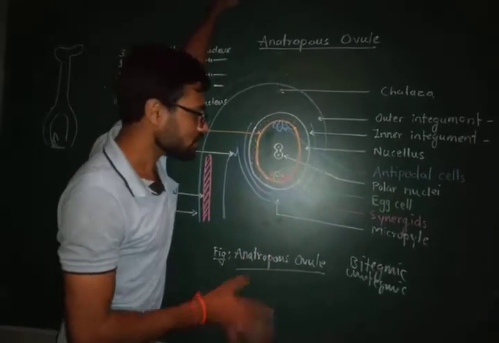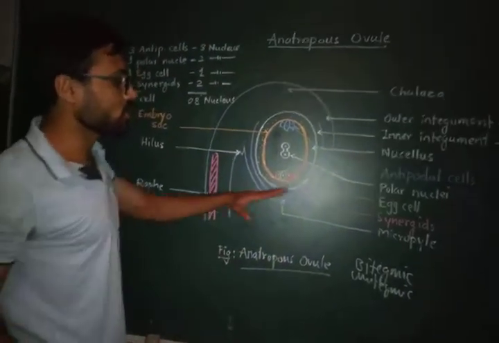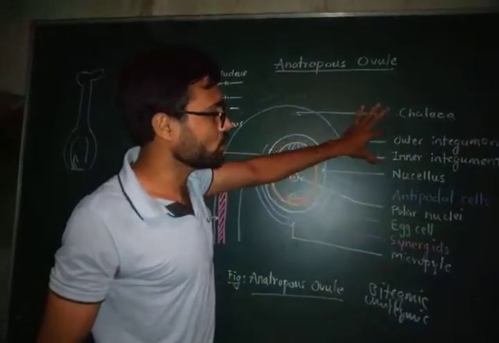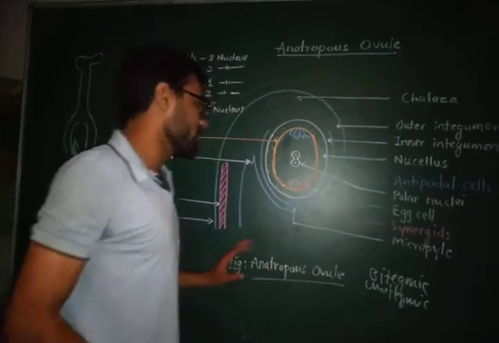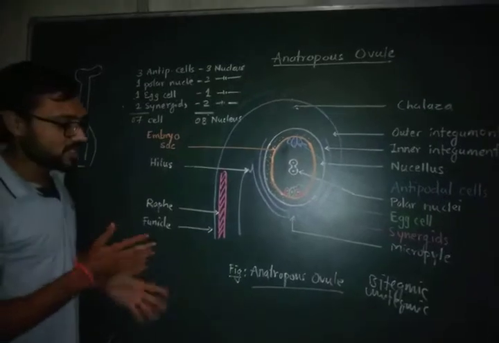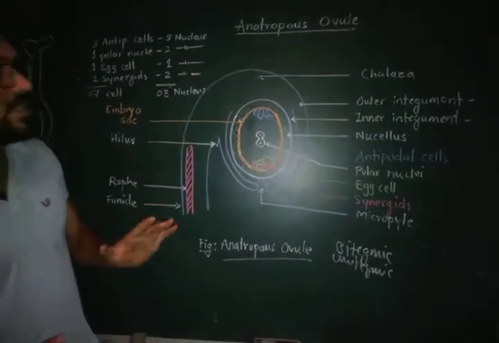Most anatropous ovules in angiosperms show this type of structure, and show outer and inner integuments respectively, which is why they form testa and tegmen. So this is the overall structure of the female anatropous ovule in angiosperms.